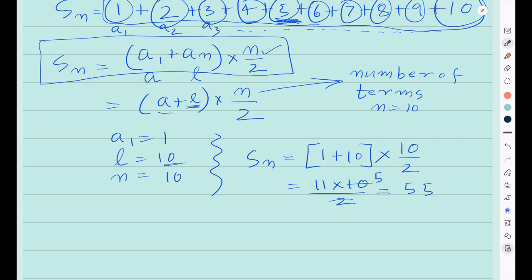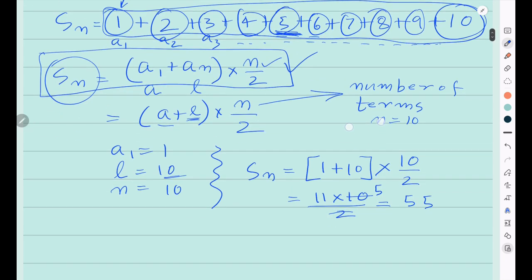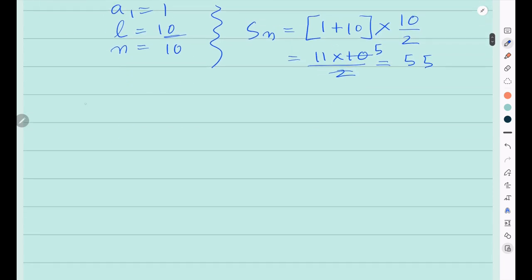Another way to find the sum of all the numbers in an AP is by combining these two equations. So let us just start with this formula, Sn, which is the sum of all numbers of the AP.